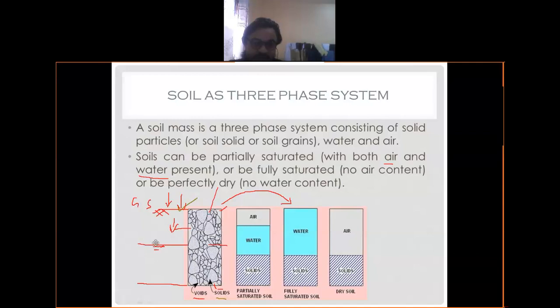Up to this level, soil is saturated, or you can say the voids are filled up with water. Then after that, the rain stopped.